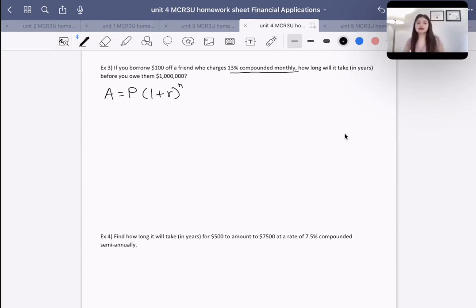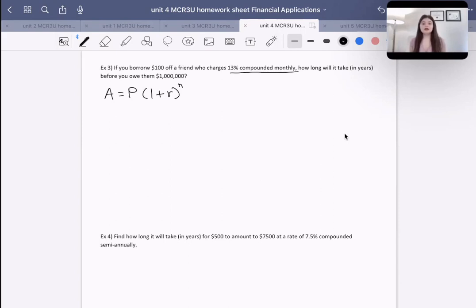Now, the number of compounding periods is actually not the same in this case as the number of years it will take because it's compounded monthly. However, if we know how many times the interest was compounded, right, we know how many months we borrowed it for, then we can figure out how many years just by taking the number of months and dividing by 12 to find years.